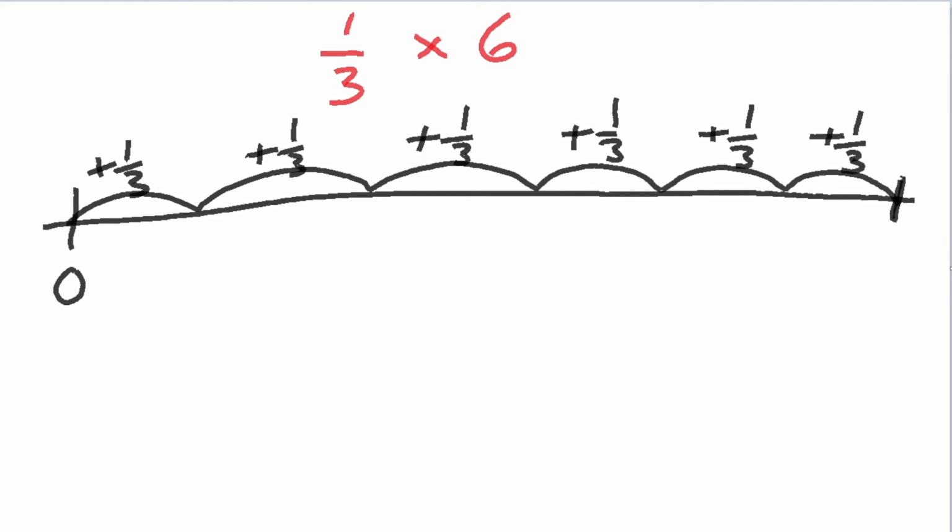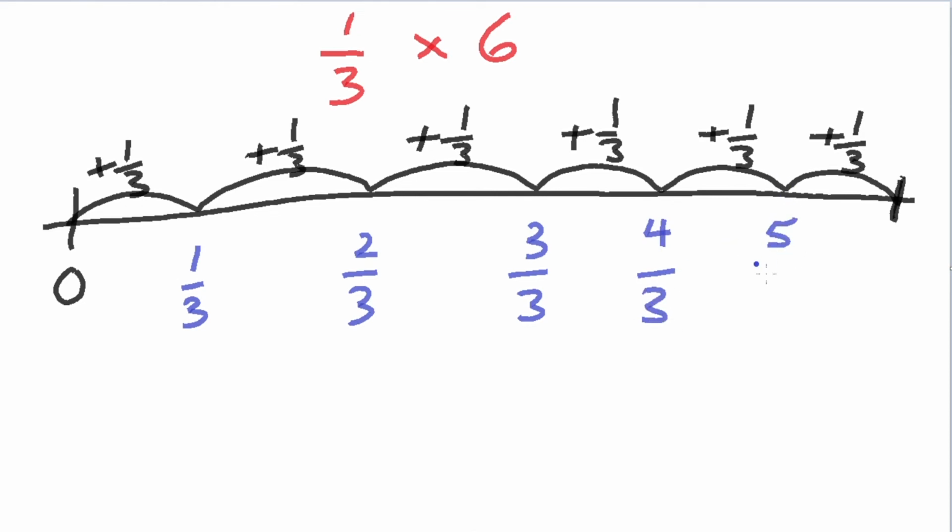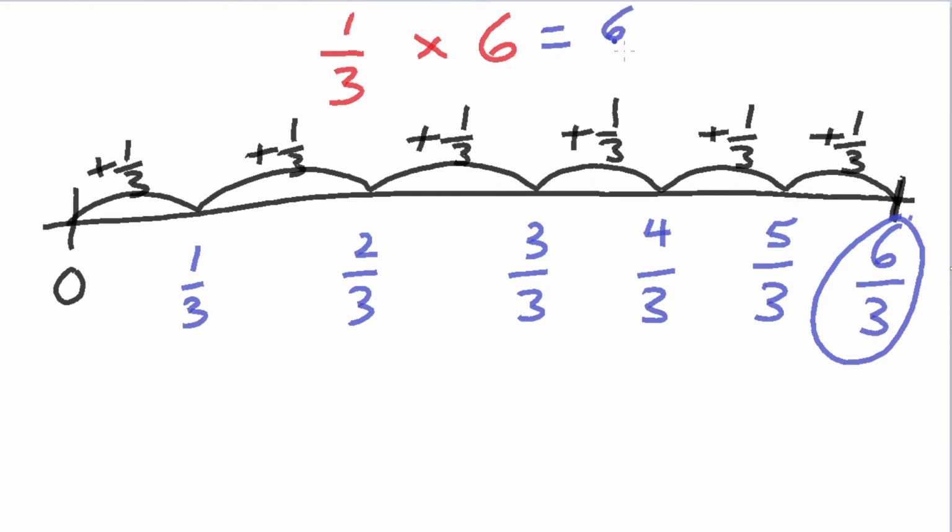I think so. 0 plus 1/3 is 1/3. Then another third is 2/3. Another third is 3/3. Another third is 4/3. Another third is 5/3. And then we get to our final answer, which is 6/3. So we know that 1/3 times 6 is equal to 6/3.